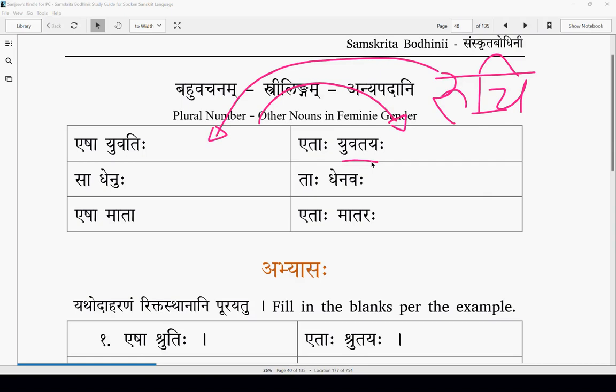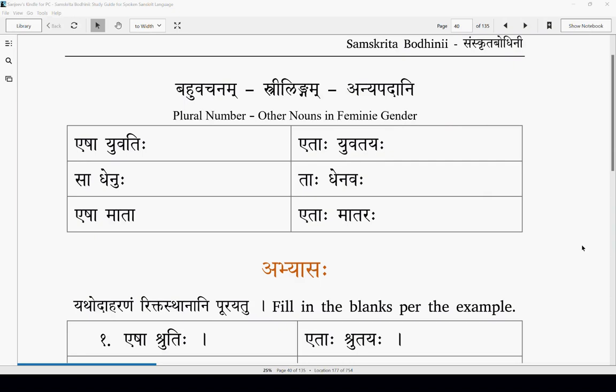Kavayaha, Ruchayaha. Yuvatihi, Yuvatayaha. Same, no difference. And what other examples do we have in the Strilinga Harasva E? Any examples, Sujata, Bhagini?